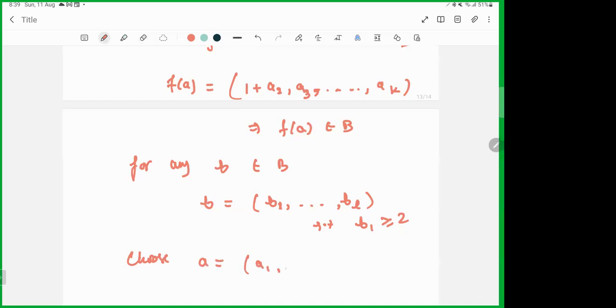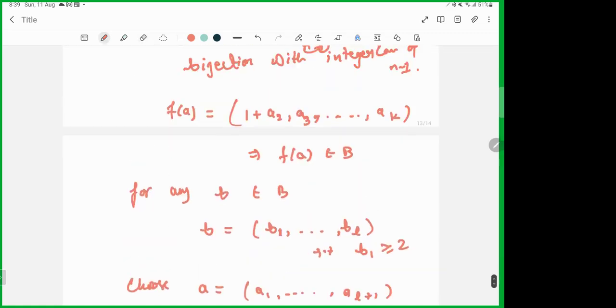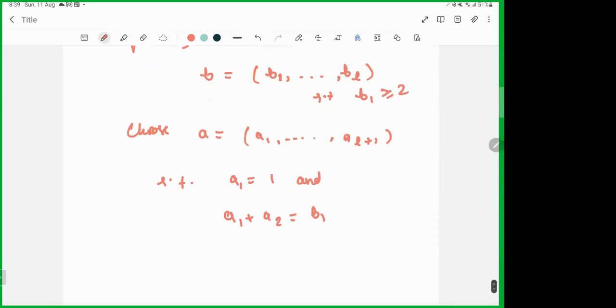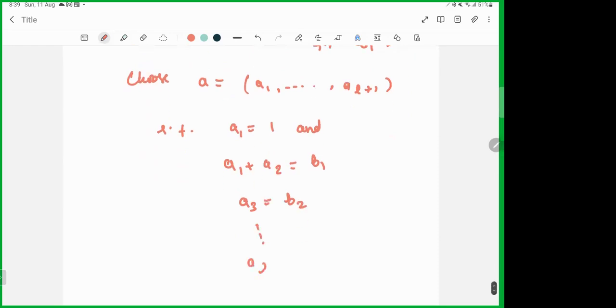A1, and so on up to al plus 1, such that a1 is equal to 1, and a1 plus a2 is equal to b1, a3 is equal to b2, and so on, al plus 1 is equal to bl.